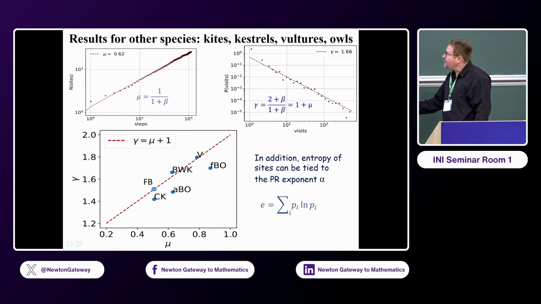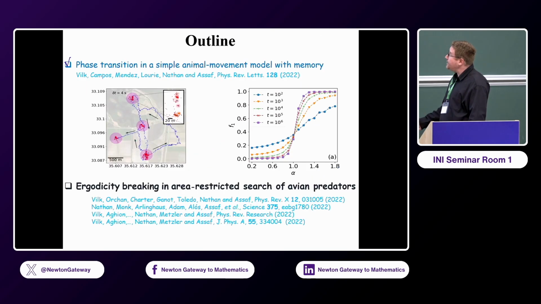So, of course, this entropy is related to alpha, and you can combine these exponents and get some very interesting results. Okay, so I will continue now to the next part of the talk. Now I want to tell you a little bit about ergodicity breaking in area-restricted search of avian predators.